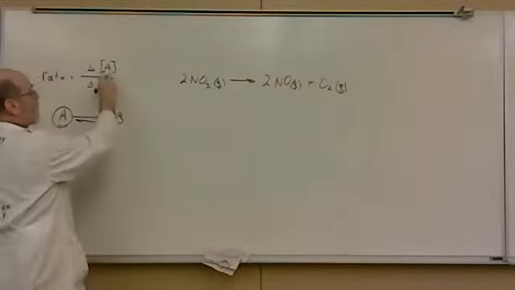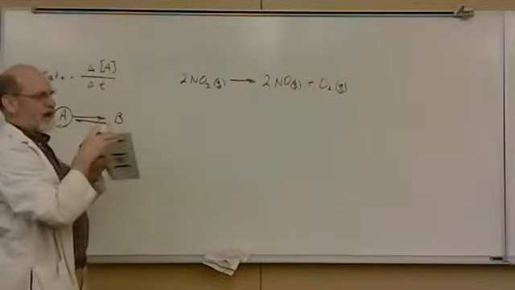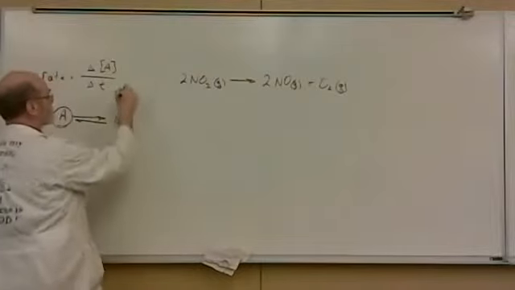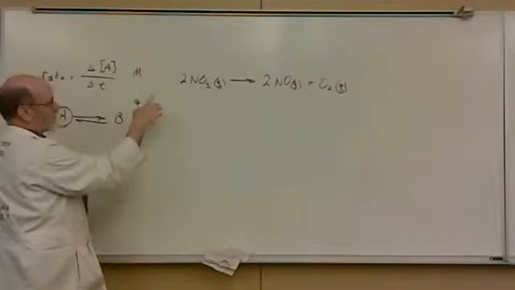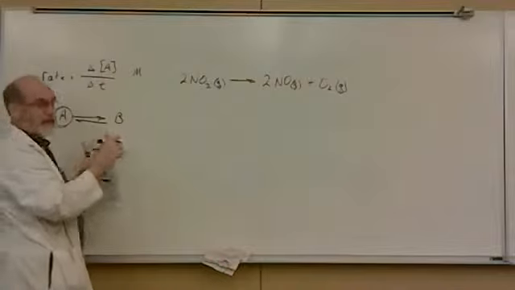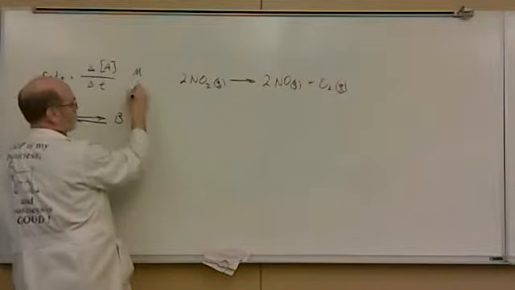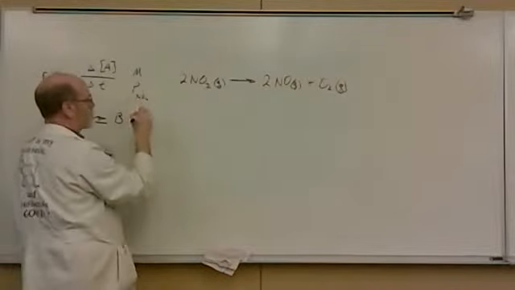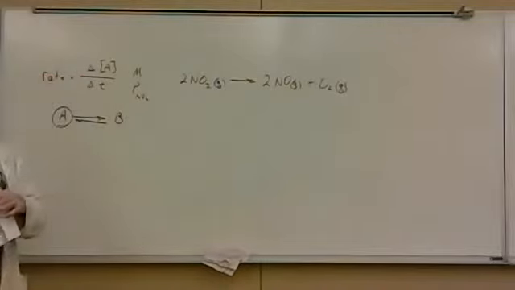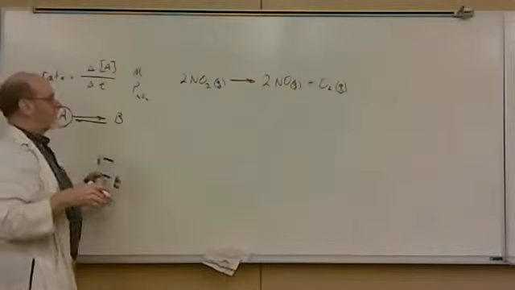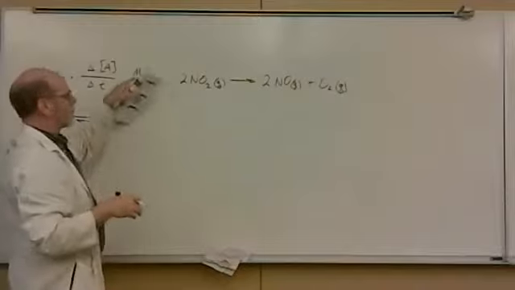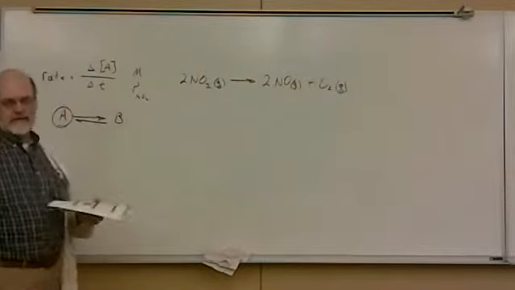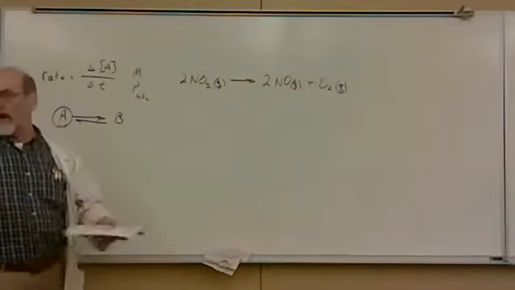And typically, this concentration is either in molarity, or if it's a gas, it can be given as partial pressure. So the partial pressure of NO2 will be just as effective. But we're going to try to stick to molarity, just so that we don't complicate things.